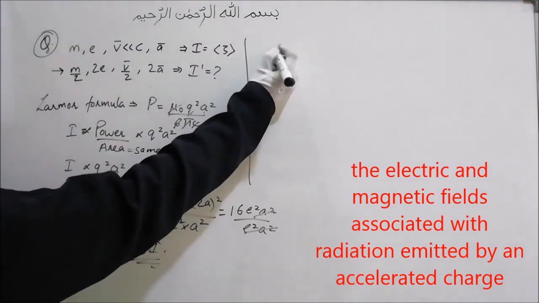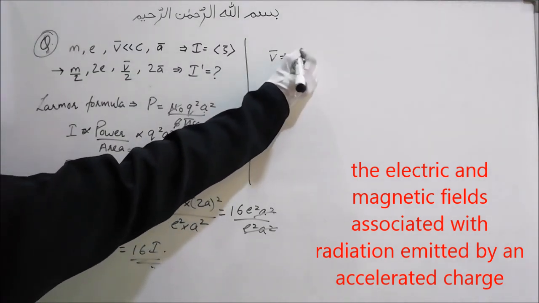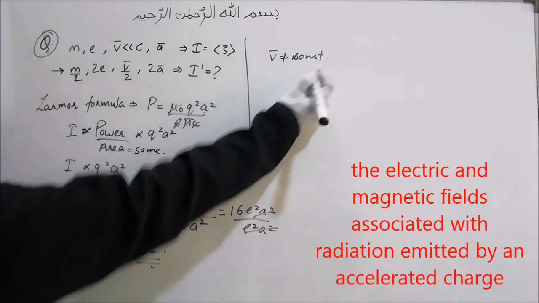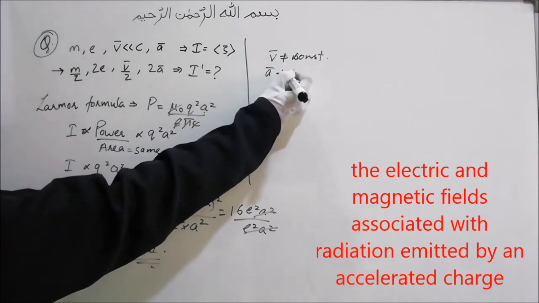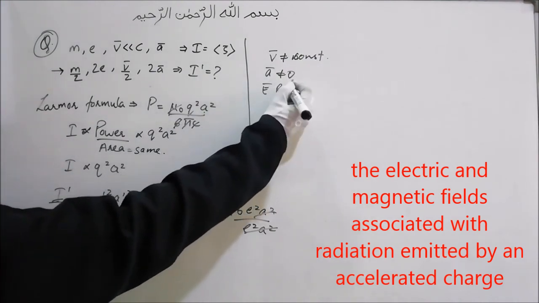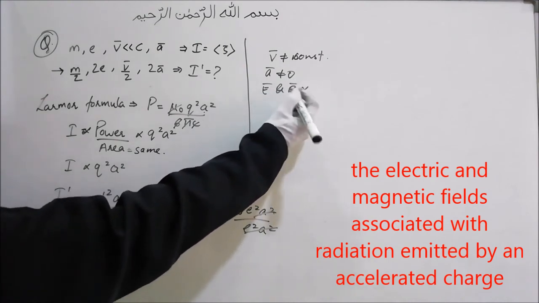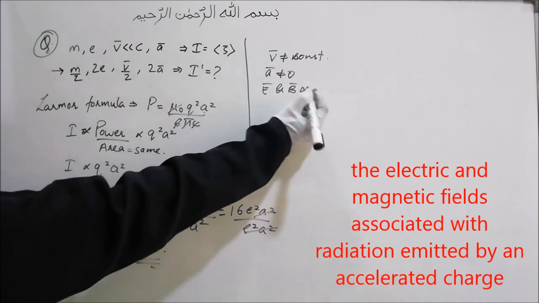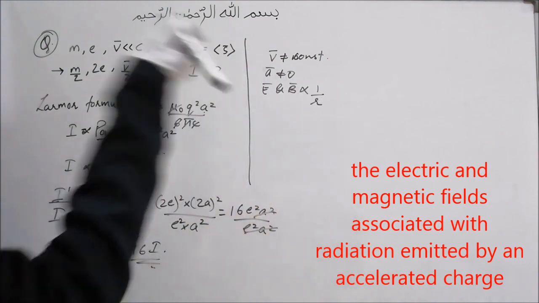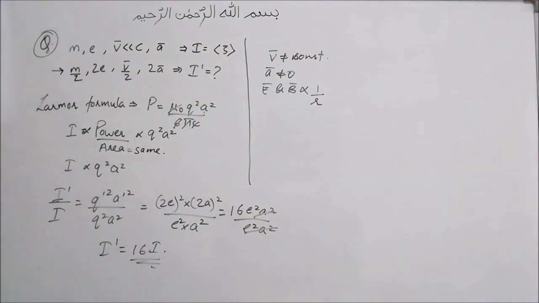Radiation means when velocity is not constant and the acceleration is not equal to 0. Then the electric field and magnetic field associated with this type of radiation are inversely proportional to r. And we'll stop here. In the next part, we will look at relativistic electrodynamics.